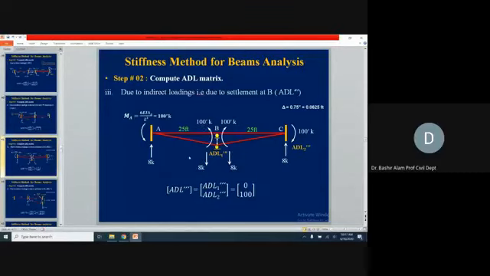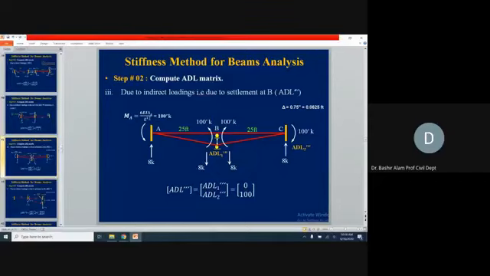And this 100 comes from 6EI, which was 1566.67, times delta, 0.0625 feet, divided by L squared, which is 25 squared. I am running the numbers also, and it is coming to exactly 100, as we are showing.